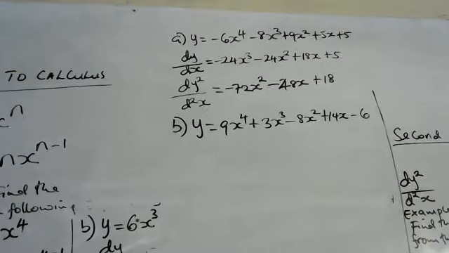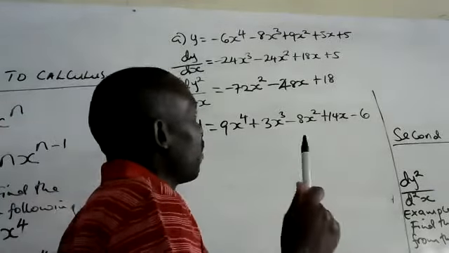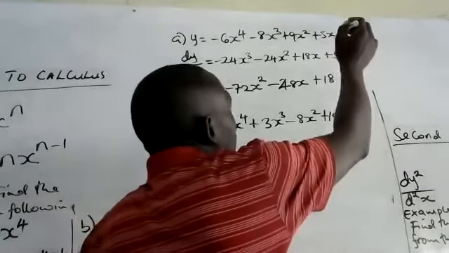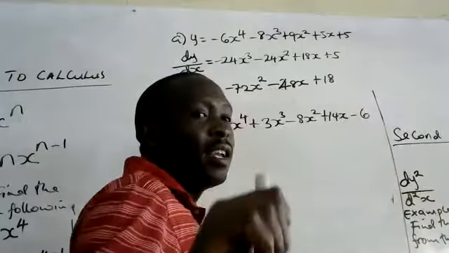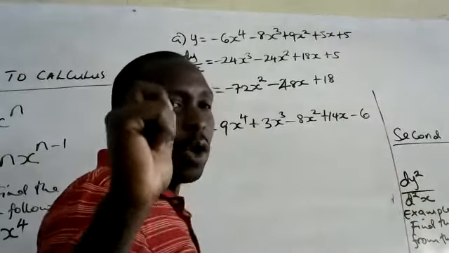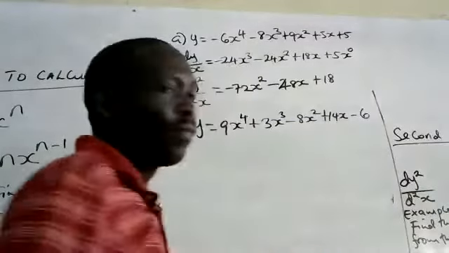you see on the 18x plus 5, where did the 5 go to? 5 disappears miraculously. But anyway, this is the point. Whenever it is a number that is not attached to x, there is x power 0 that is not written.